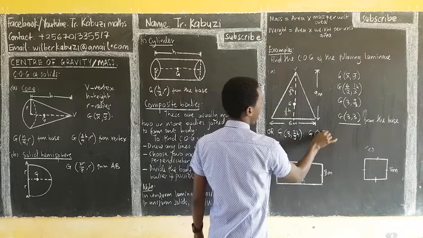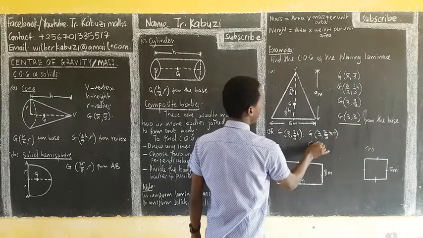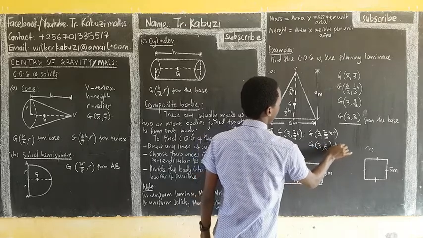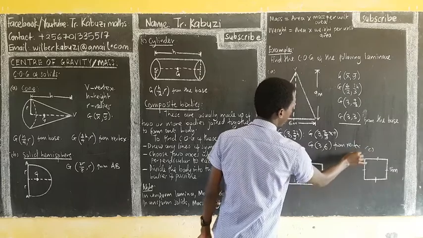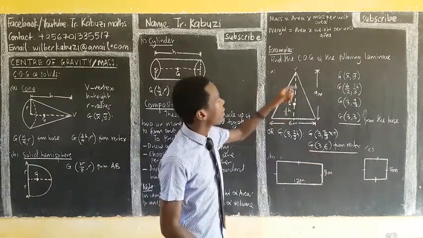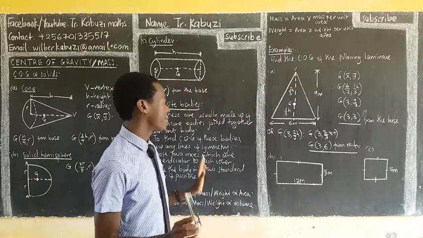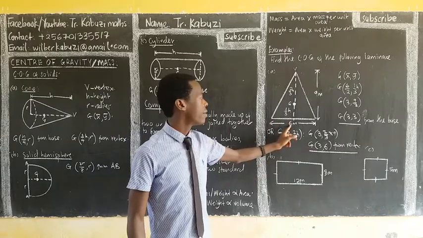And when you multiply 2 over 3 times the height, which is 9, you get 6. From where? From the vertex. So either way, your answer will be okay. Now I'm saying from the vertex because I'm using this one from the vertex. Simple. Of course, this one is going to be the same. A half of this.